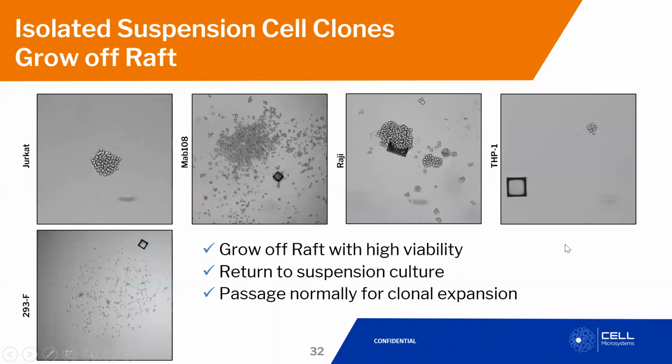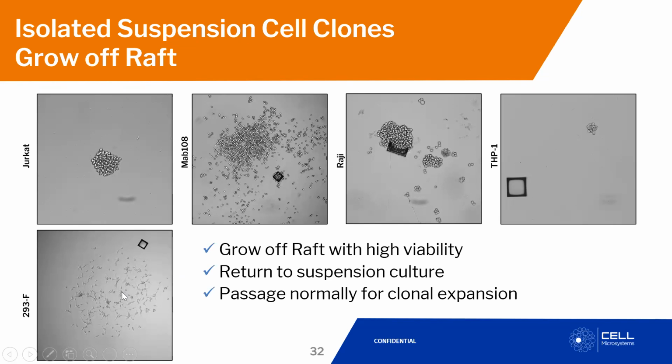To show you what this looks like in bright field imaging, these are all clones that were isolated off of the coated rafts. You can see that the cells themselves are detached from the rafts or growing just off the rafts and have gone back into nice suspension clones. Again, with the notable exception of the 293 freestyles, which are happy to grow adhered to the CellRaft surface.